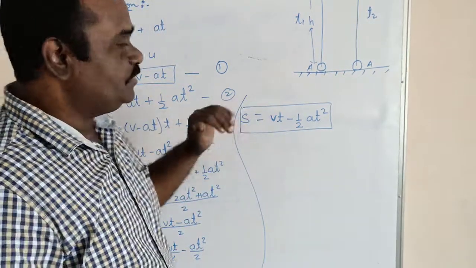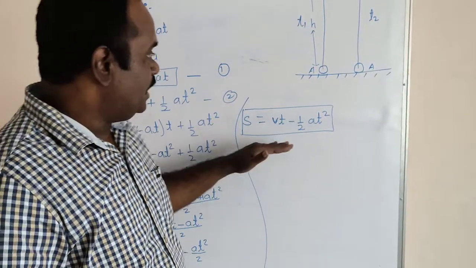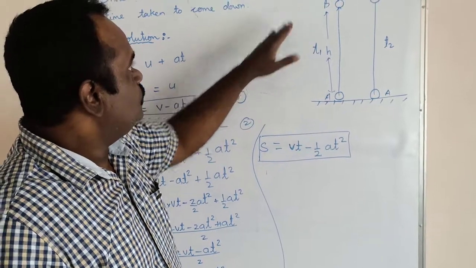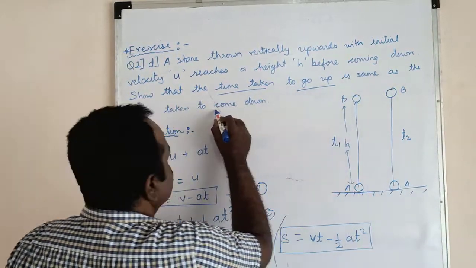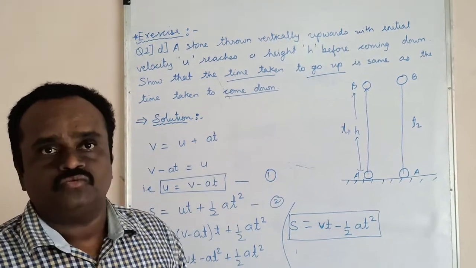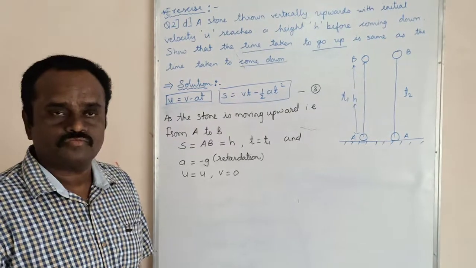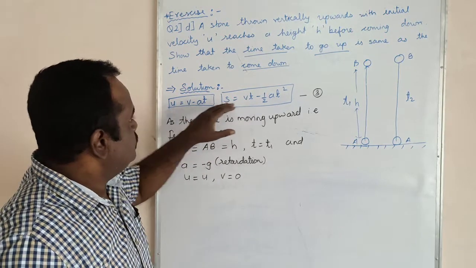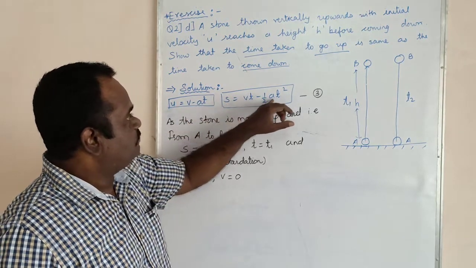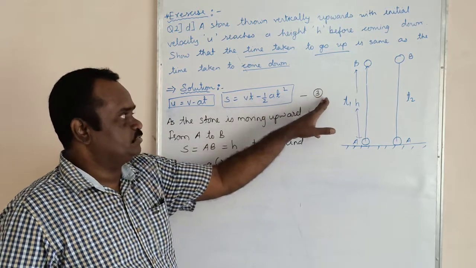So why are we doing all these things? We are doing this to show that the time taken to go up is the same as the time to come down. Now we have derived this equation, s is equal to vt minus half at square, which we will give as equation 3.